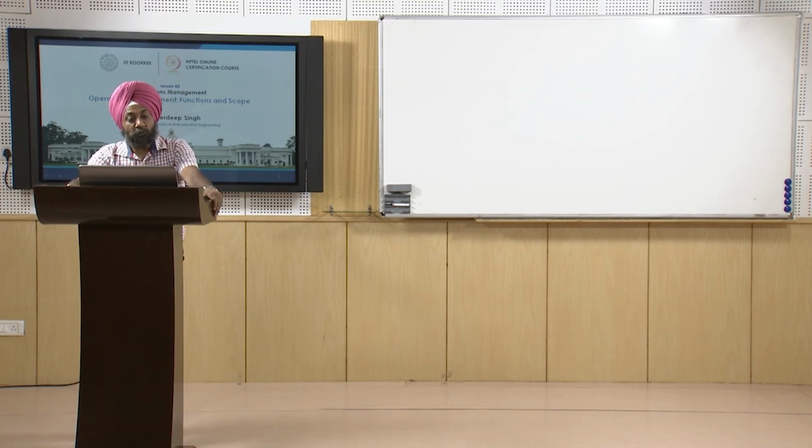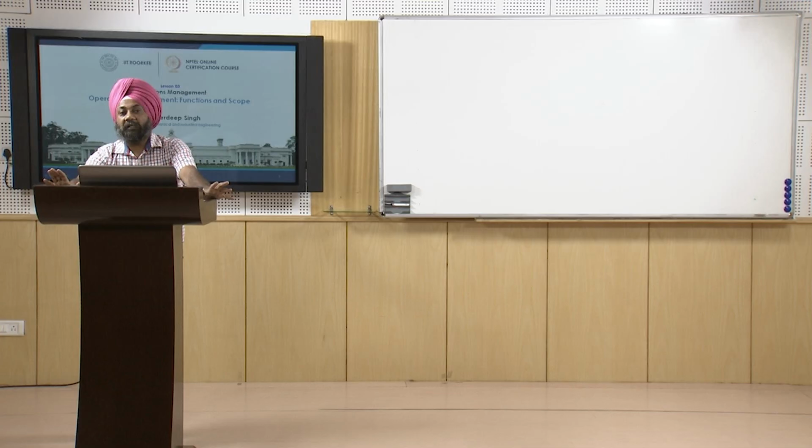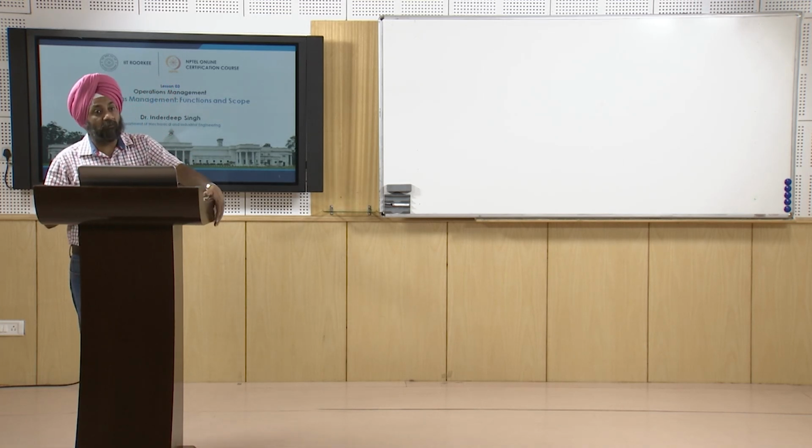Then arranging for the services such as maintenance, storekeeping, material handling, inspection and quality control, all these are functions of operations management. We have to check the quality also, because one of the objectives of operations management is to ensure the right quality of the product that we are producing.